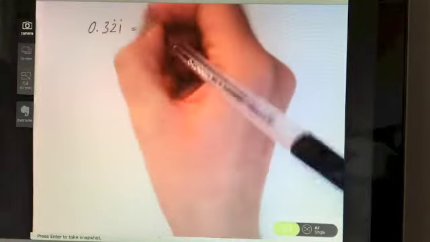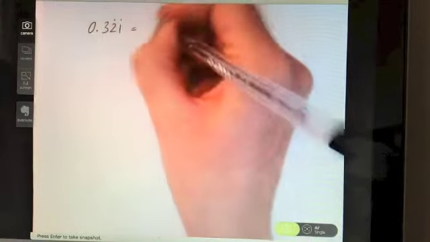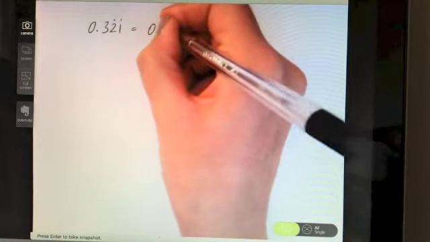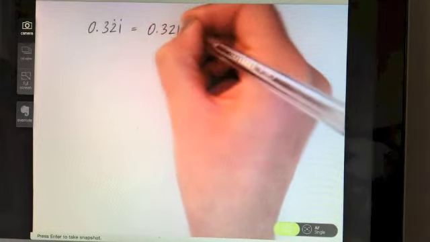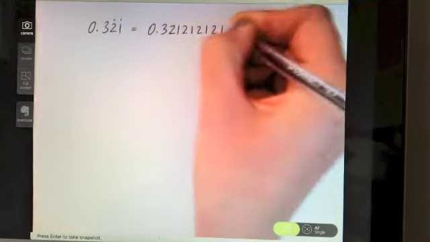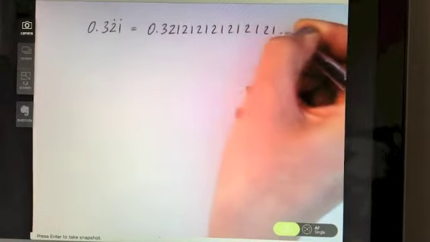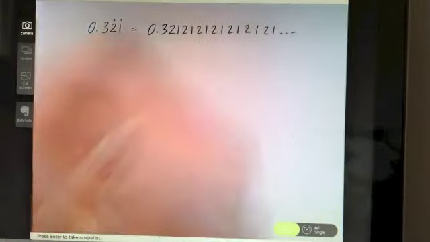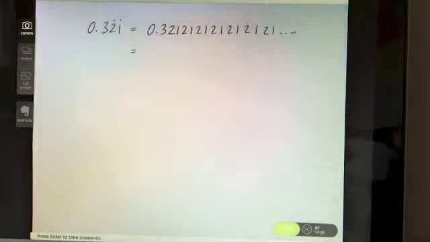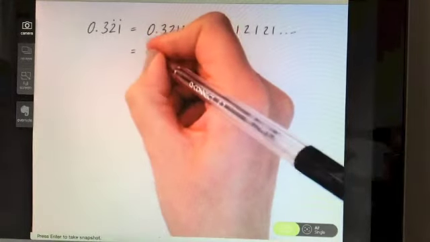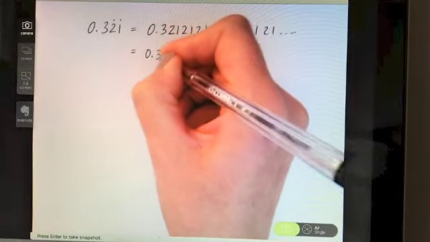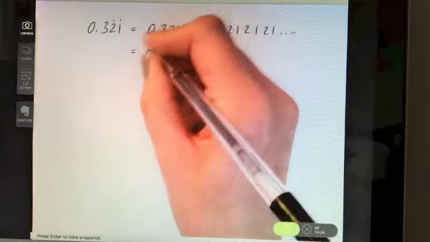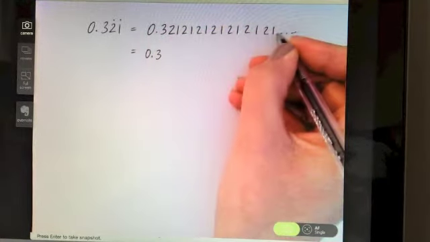So what does this mean? 0.321 with the dots on the 2 and the 1 is 0.3, and that means only the 2 and the 1 are recurring. So how can I write this as a series? First of all, you've got this 0.3. Let's separate that out because the only recurring bits happen after that.